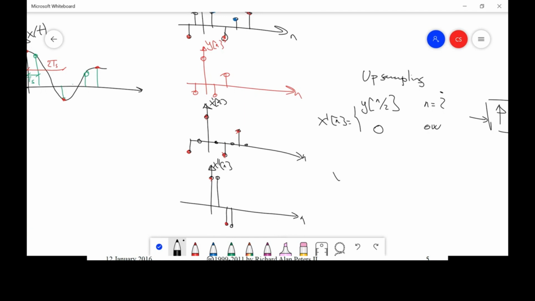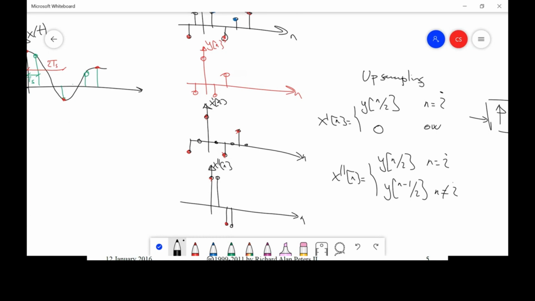So this x second will be y of n divided by 2 if n is a multiple of 2, and y of n minus 1 over 2 if n is not a multiple. So what is different is what happens when I don't have samples. When you don't have samples, substituting by zeros makes sense. Copying the previous samples also makes sense.